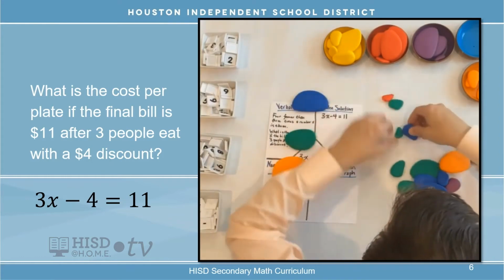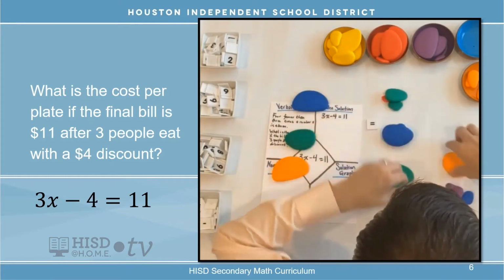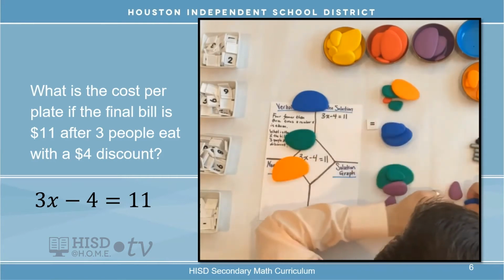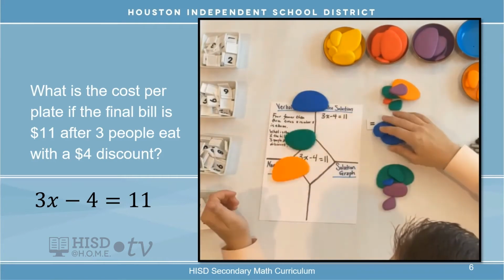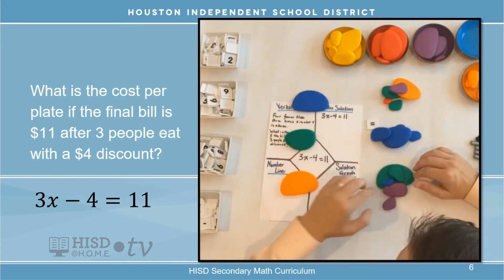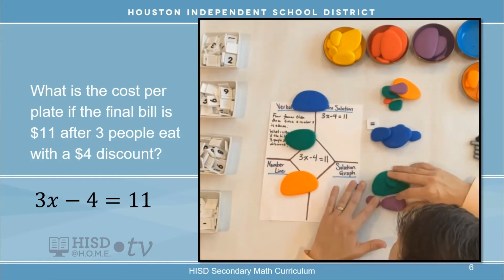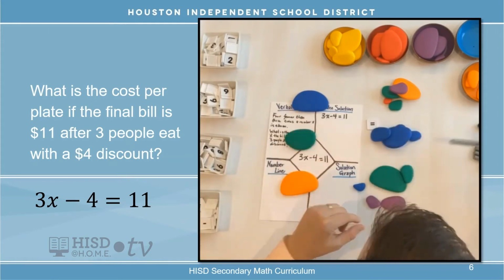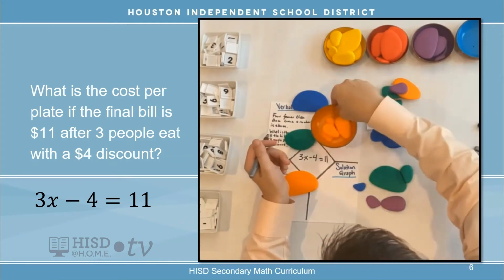Now we have 3 stones on one side and a total of 15 stones on the other. I organize them into equal piles so that now I know that 1 stone is equal to 5. 1x equals 5.